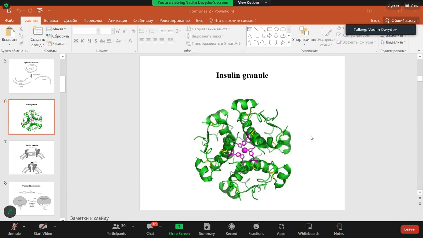The most important control factor for secretion and production of insulin is the level of glucose in the blood. Increased glucose in the blood, hyperglycemia, brings about increased production of insulin by synthesis of insulin, and simultaneously increased secretion of insulin.